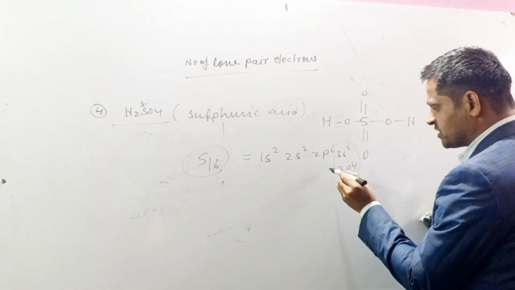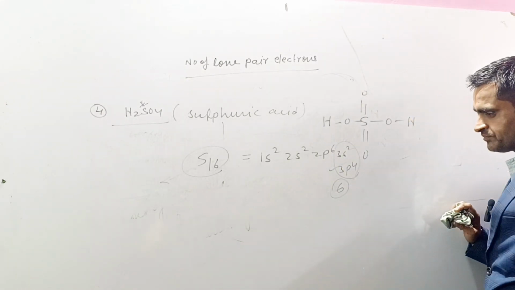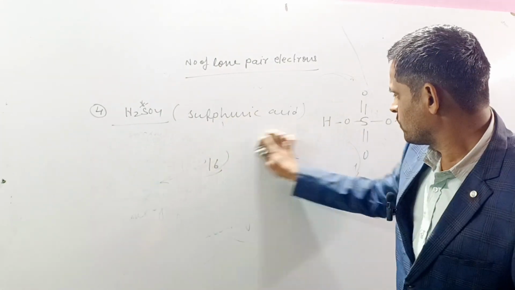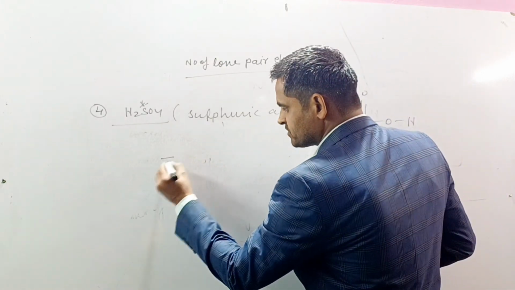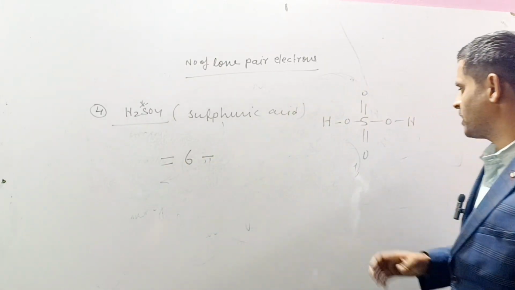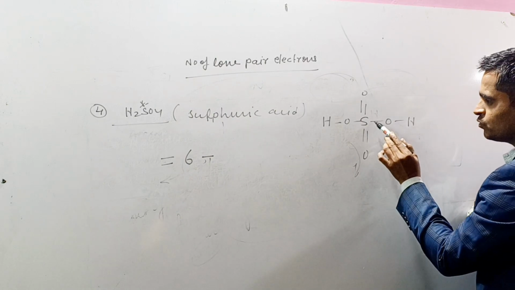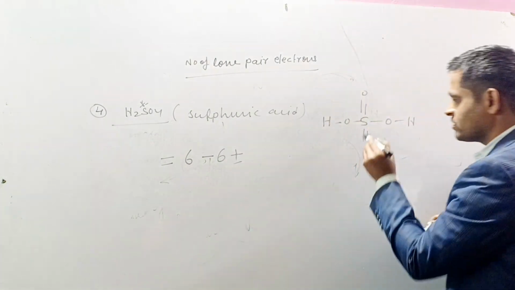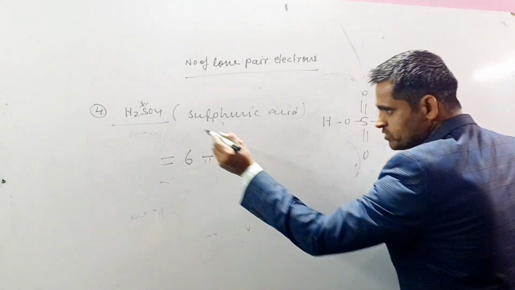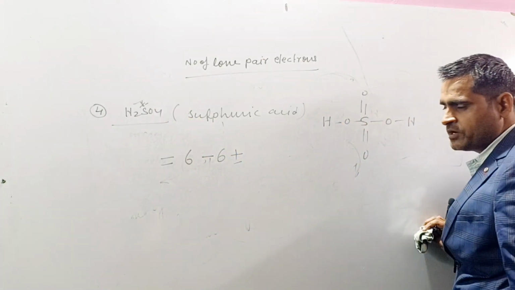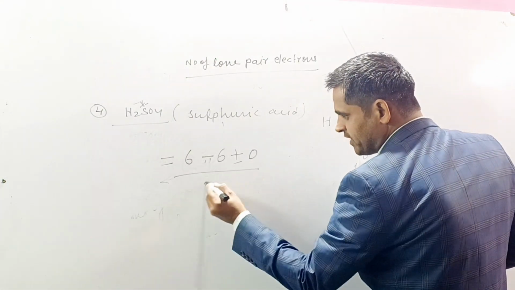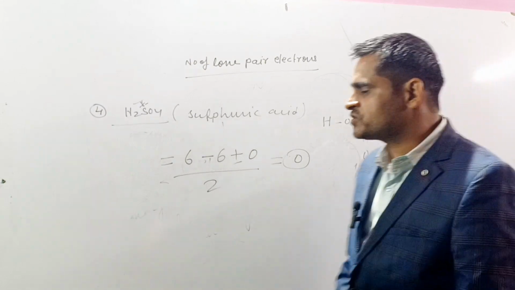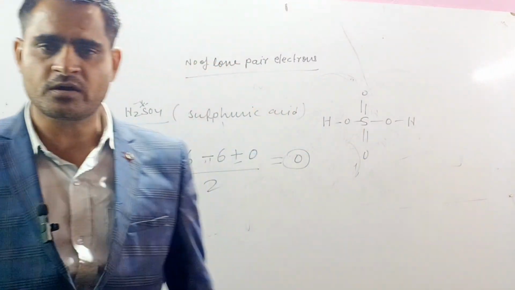Now the outer shell contains 6 electrons. So we will have 6 minus the number of covalent bonds, 1, 2, 3, 4, 5, 6, and plus charge, no charge, because H2SO4 is a neutral molecule, so 0 divided by 2 and now 0. In sulfuric acid, the sulfur contains no lone pair electrons.